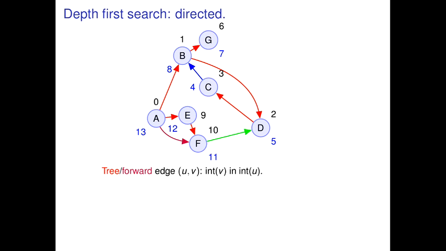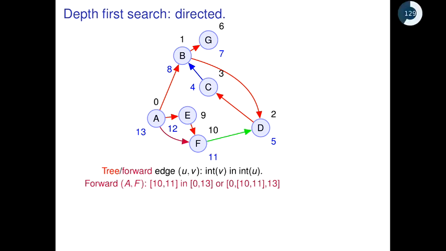Now the property for the pre and the post is, if I take the pre-post interval of V, and it's in the interval for U, that tells you that V is a descendant of U. U must be on the stack when V is explored. That means U's interval contains V's interval.